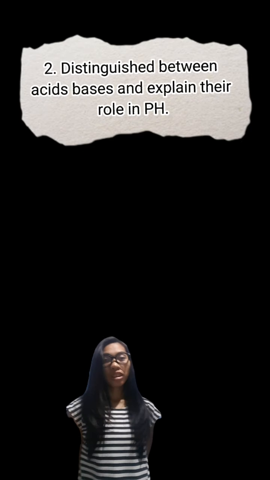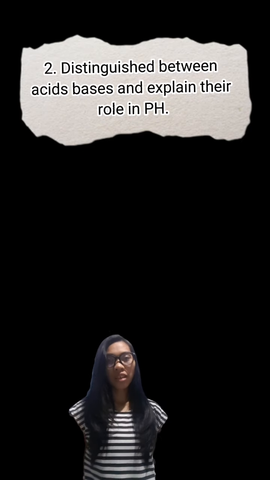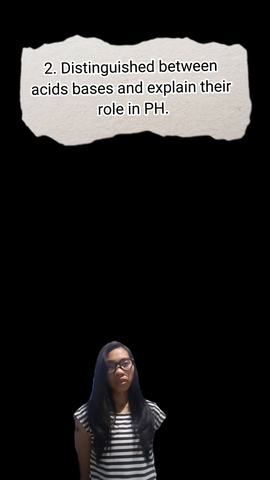Question number 2. Distinguish between acids and bases, and explain their role in pH. Acids and bases play an important role in chemistry. Any compound with a pH value between 0 to 7 is considered acidic, whereas a pH value between 7 to 14 is a base.